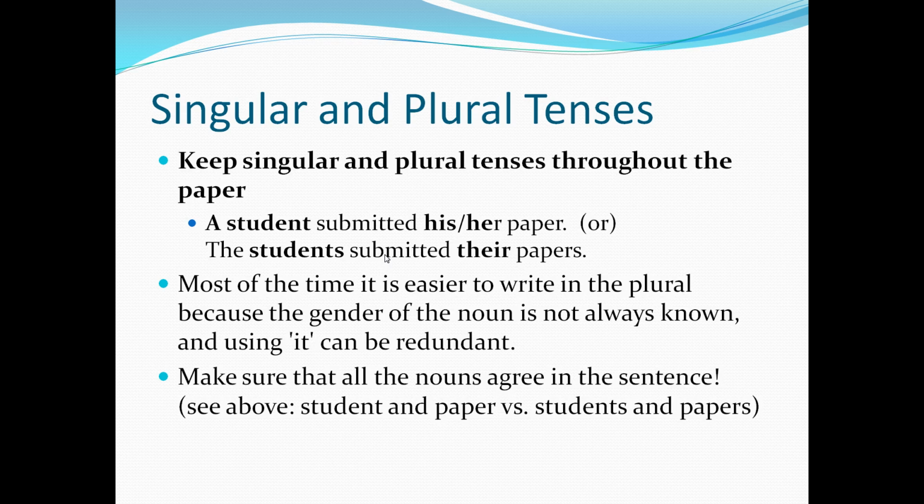But if you always write plurally, for example, the participants turned in their surveys, then that's correct. A lot of times we don't like to say the participant turned in his or her survey, because sometimes we don't know the gender, so it's just easier to write in the plural because there really is no gender there. We assume mixed, I guess. Most of the time it's easier. Okay, so I already went over that.